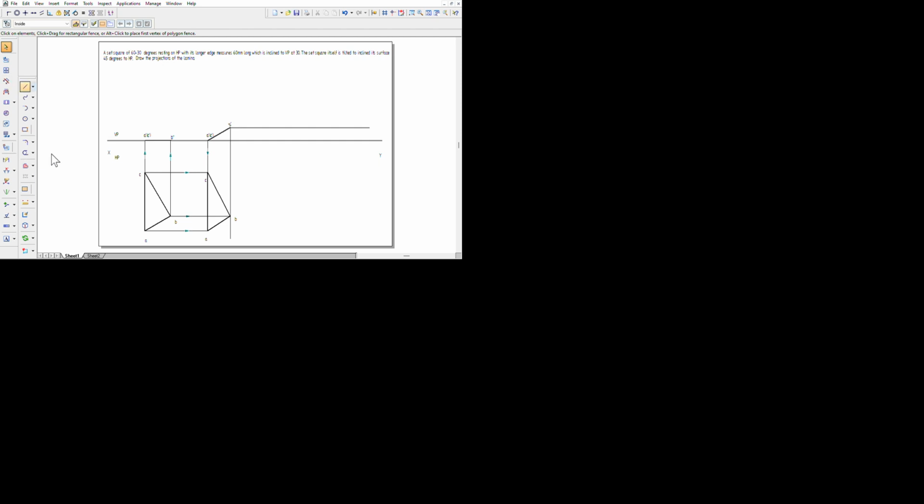Now let's take a line. Angle minus 45 degree. Let's select this triangle. Move. Select it again. Rotate.